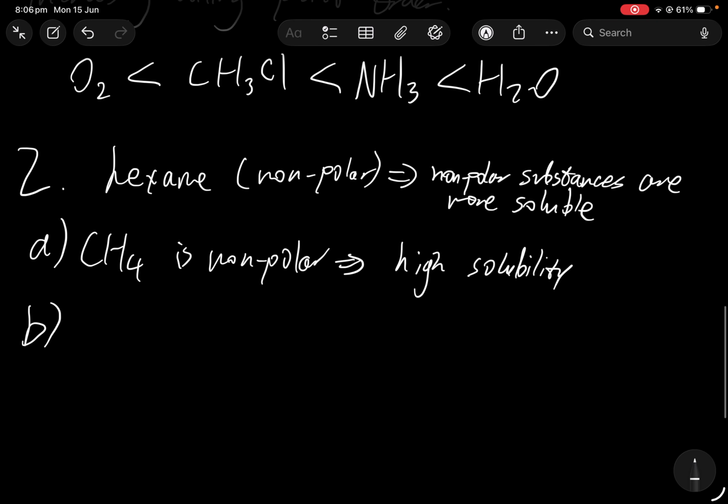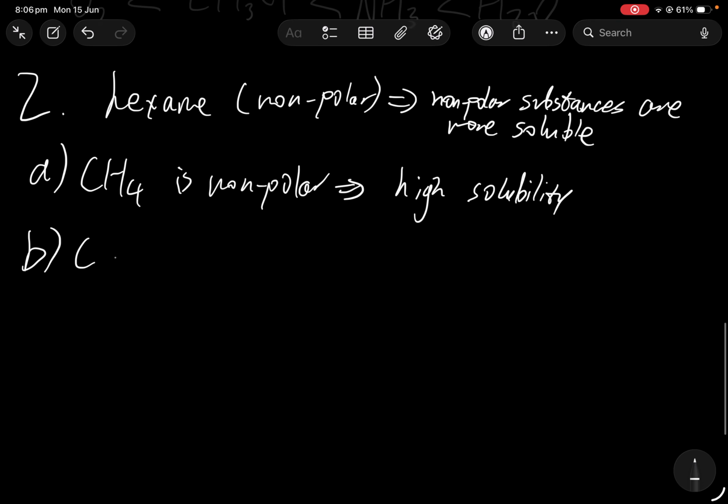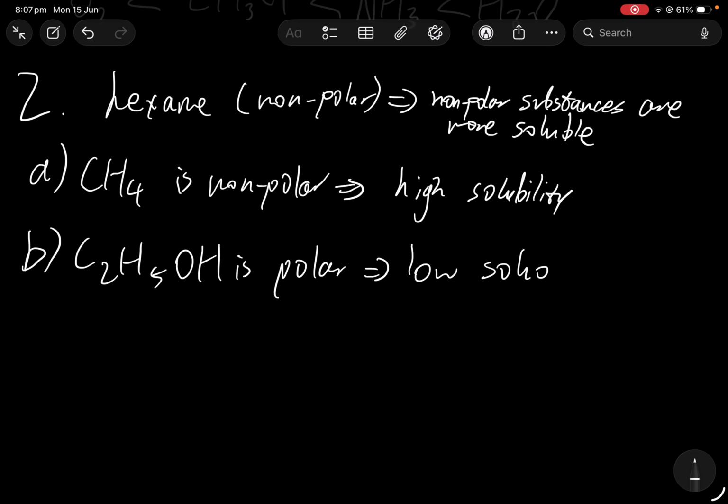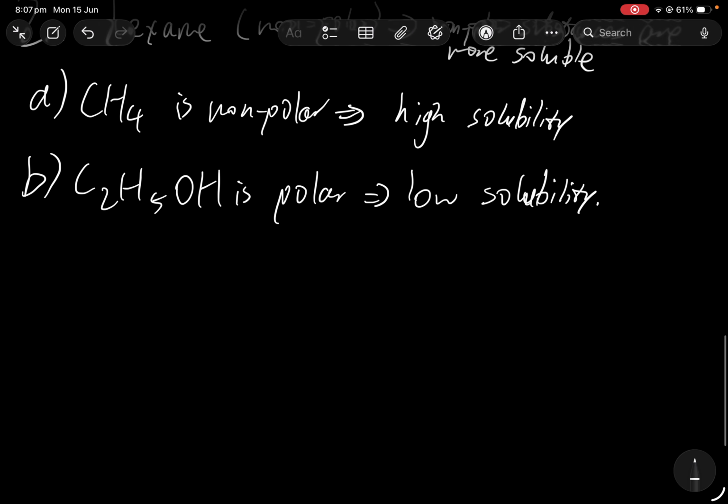So we're gonna write C2H5OH is polar, low solubility.